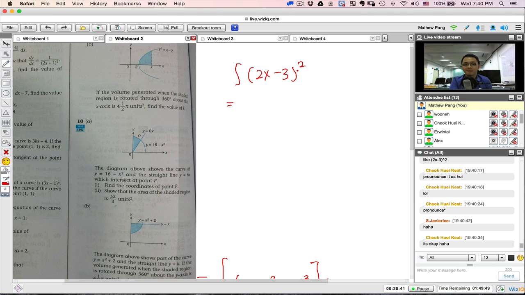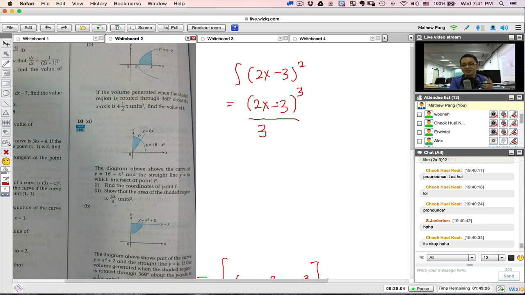Same thing. You imagine this is A. When I integrate this one, what happens is I will copy everything inside the bracket. We can't simply change the thing inside the bracket because we have the power here. So this is 2x minus 3 to the power of 2. I plus 1, it becomes 3, so I divide by the total power 3. And then I'm going to differentiate the inside one more time.